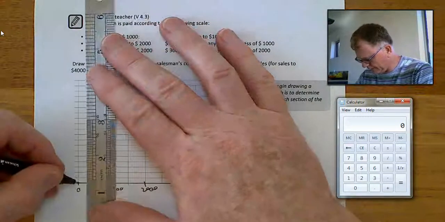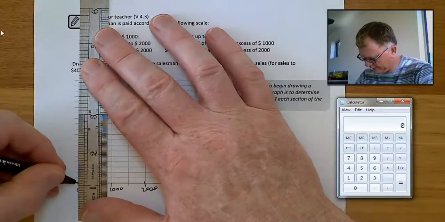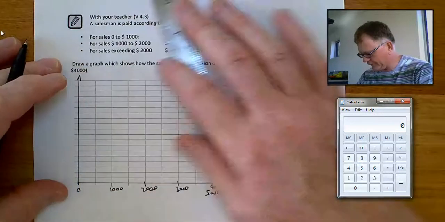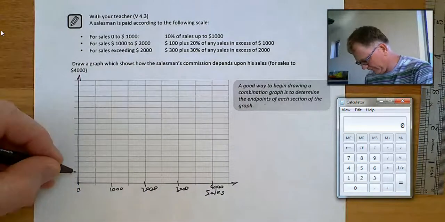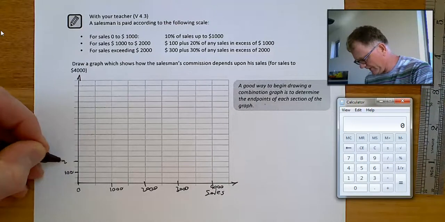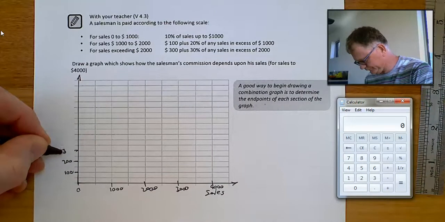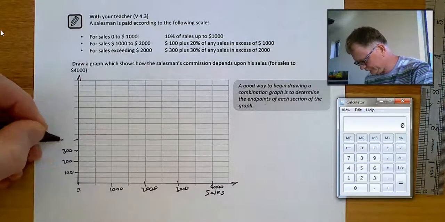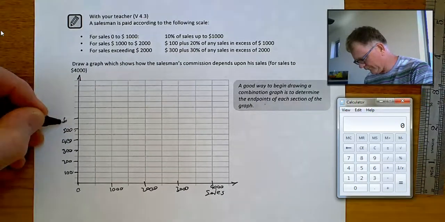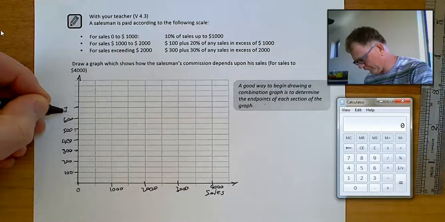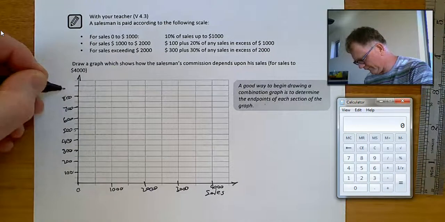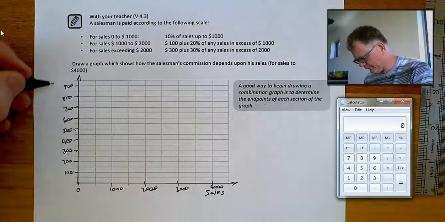Now I've actually done this beforehand, and I think that a good scale is 2 squares for $100. Works out quite well. This is his pay.